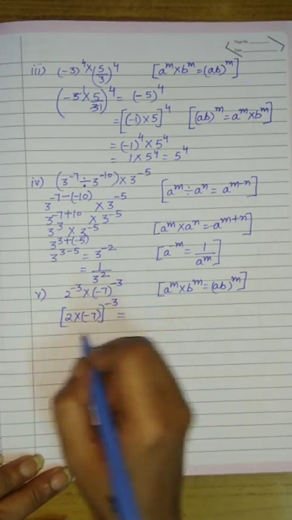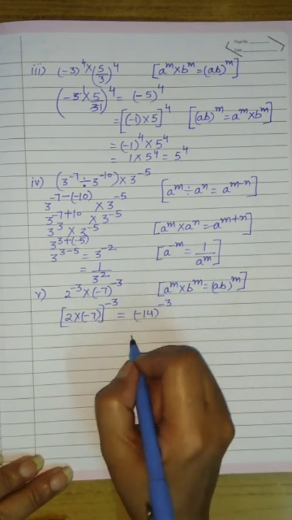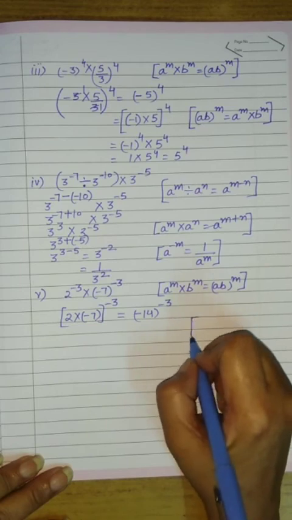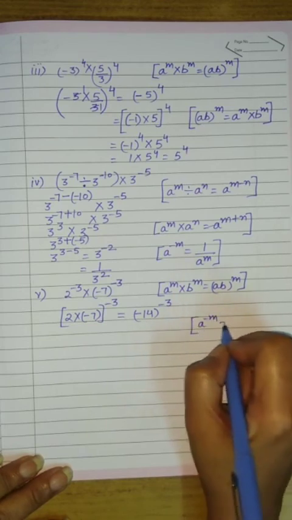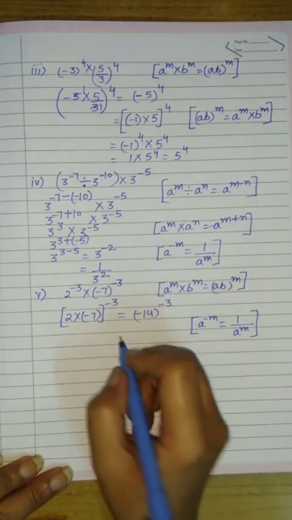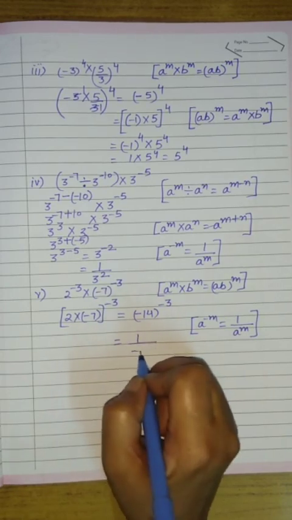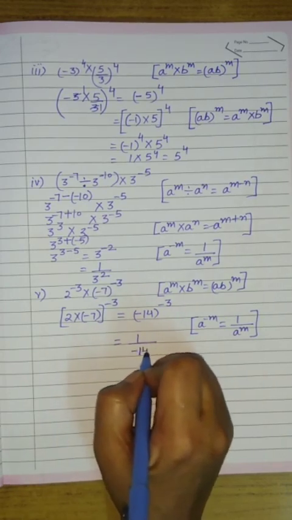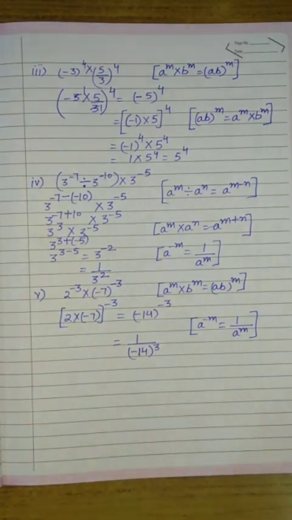Now 2 into -7 is (-14)^-3. Now at this step we are using the law of exponent, that is a^-m is equal to 1 upon a^m. So it will become 1 upon (-14)^3. So with this part question number 2 is completed.